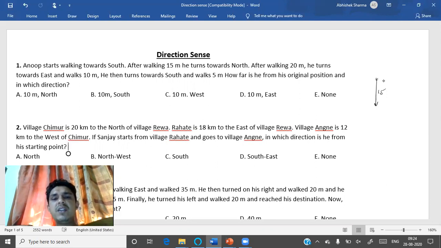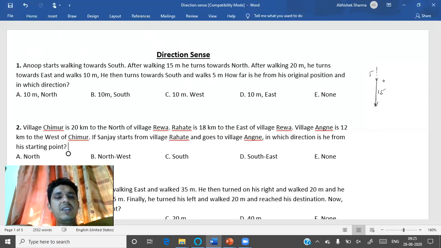After walking 15 meter he turned toward north. After walking 20 meter he turned toward east. That means from this point he turned toward north and walked 20 meter. That means for moving 20 meter he would have to move 15 meter first and then 5 meter further. So you can write like this, right?